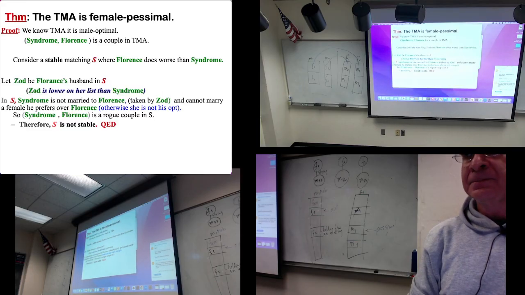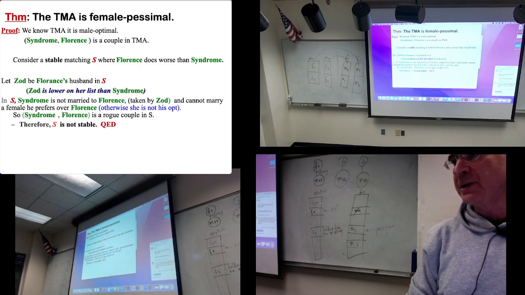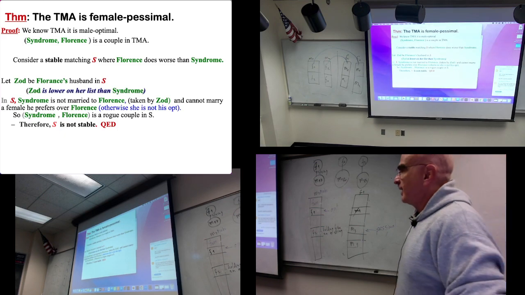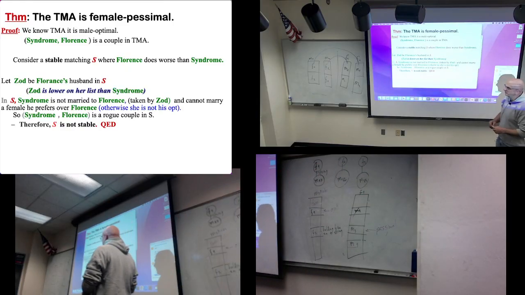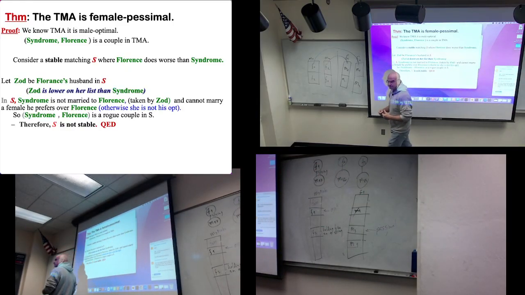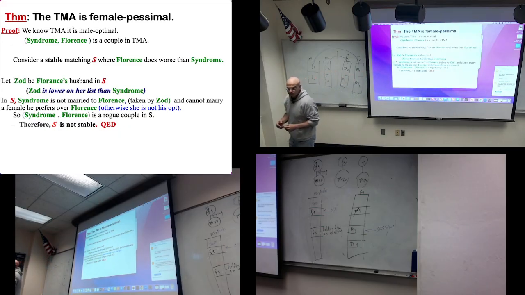Theorem: TMA is female pessimal. Not only that, every male got his optimal female, and every female got her pessimal male. And can somebody tell me why this huge discrepancy? Where is a lemma that indicates where this huge injustice is coming from?